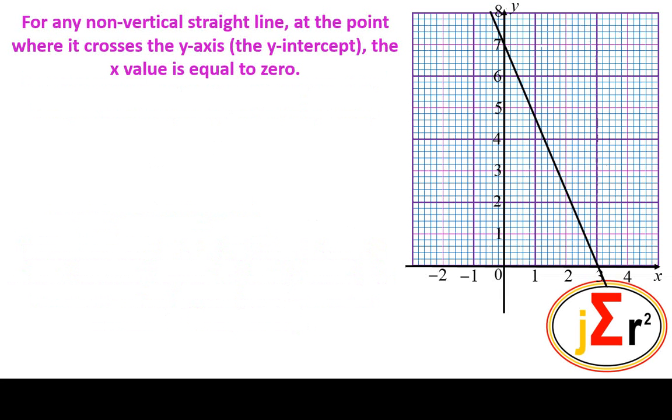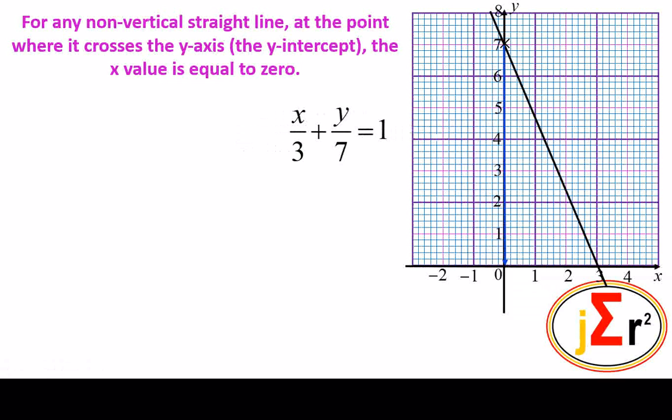For any non-vertical straight line, at the point where it crosses the y-axis, which is the y-intercept, the value of x is equal to 0. We can see that it crosses the y-axis here. The corresponding value of x is 0, as we see there.